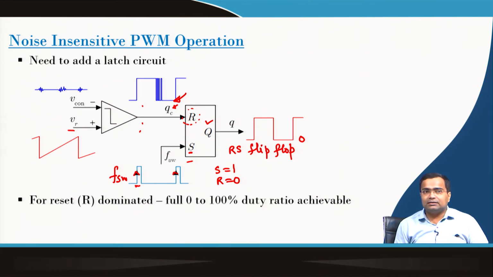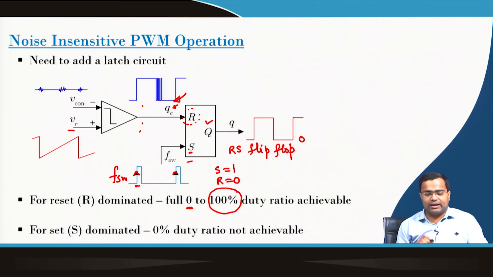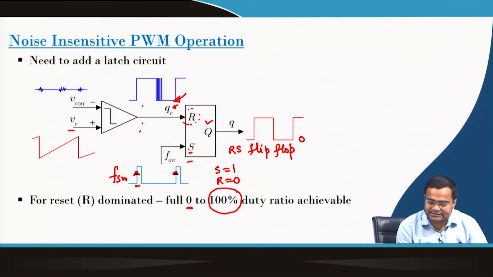But for reset dominant, we can achieve 0% duty ratio, but how is 100% duty ratio achievable? 100% duty ratio is achievable when you make set dominant. So, for this case you can get 0 to 100% duty ratio.